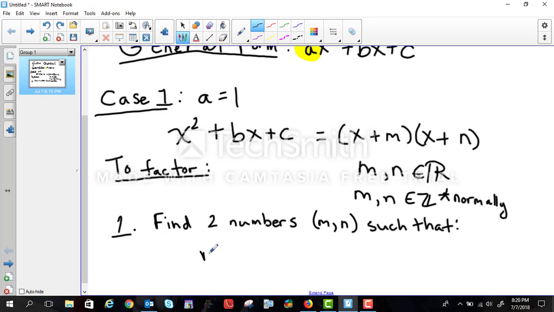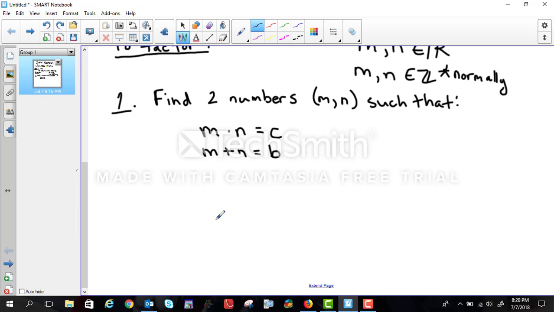We're going to say that m multiplied by n is going to give us c, and m plus n is going to give us b. That's what we're looking for. That might seem a little funny, but once we've found the two numbers, and we'll do an example in a second, then we're going to factor as x plus m and x plus n.